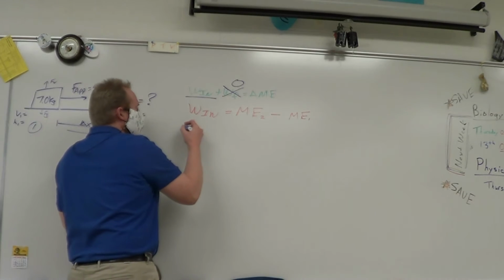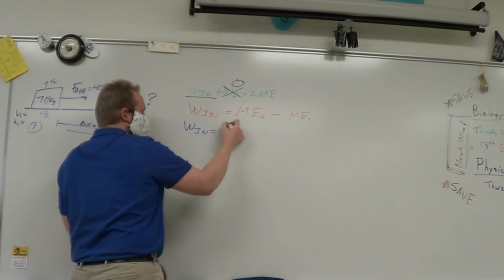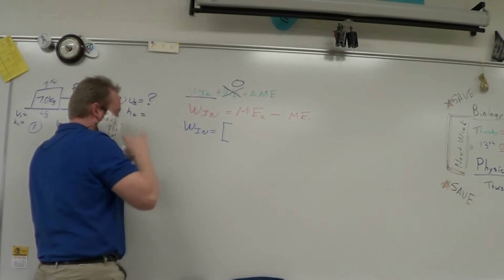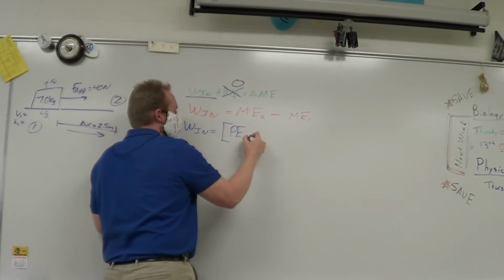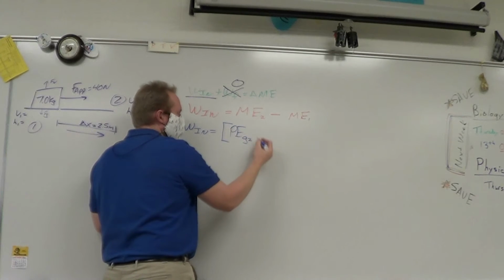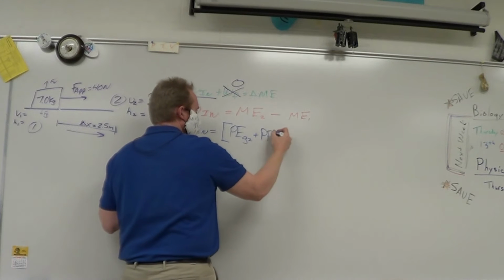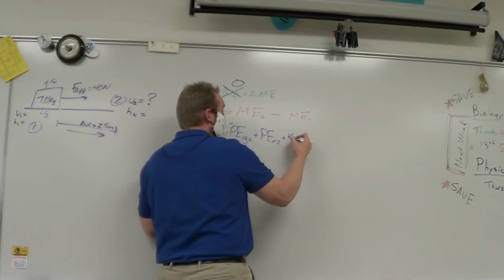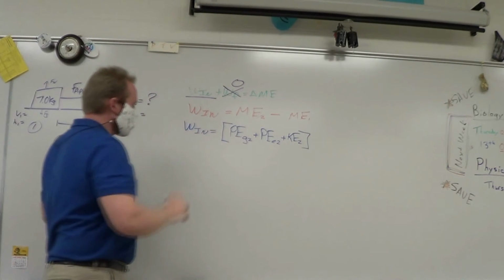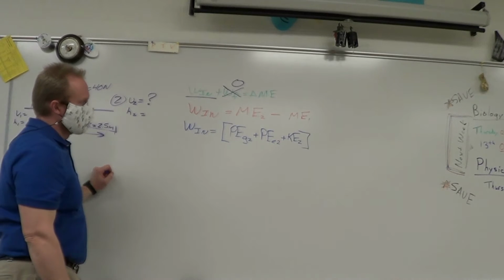If we take ME2 and expand that out, I'm going to put brackets around it. ME2 is what we get when we take our PEG at location 2 and add it to our PEE at location 2 and add it to our KE at location 2. That's my ME2.